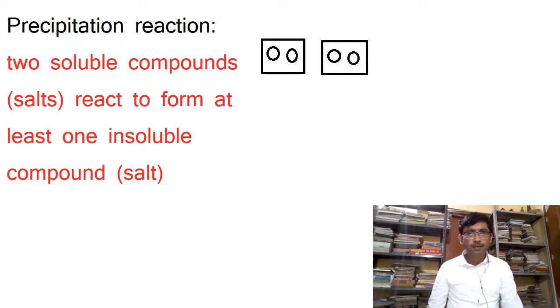They may be having positive ions and also negative ions, that is metallic and non-metallic ions. Say the red ones are metallic and the green ones are non-metallic ions, and these are reacting together.